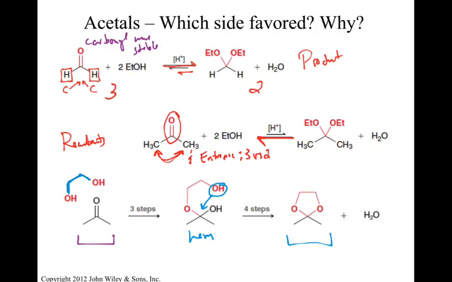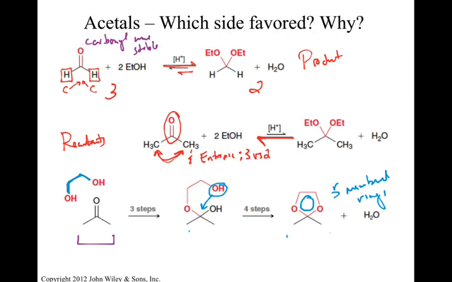Okay? Taking a step further, if we look at the product, we have a 5-membered ring. Okay, and what do we say about 5-membered rings? Well, 5-membered rings tend to be relatively stable. Okay, so we've got some stuff now suggesting we shift to the products.